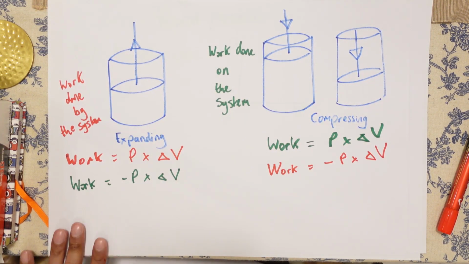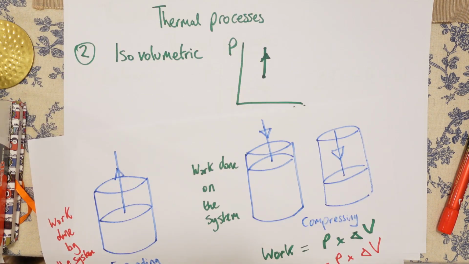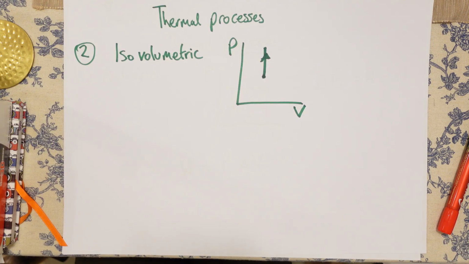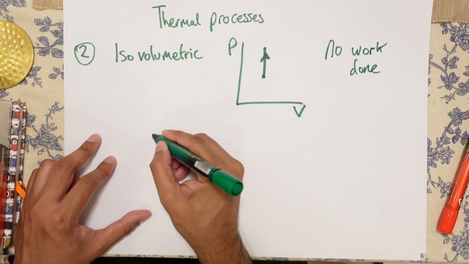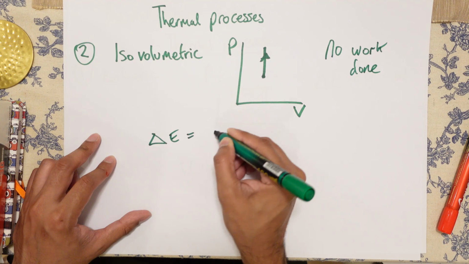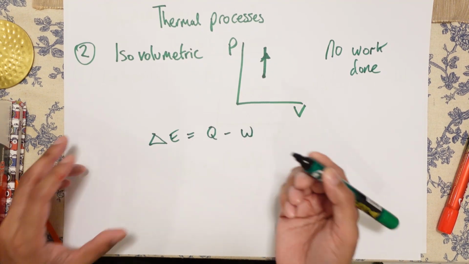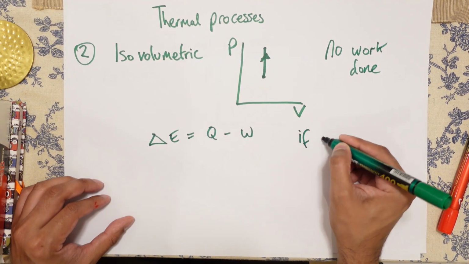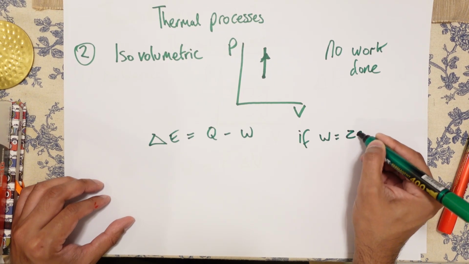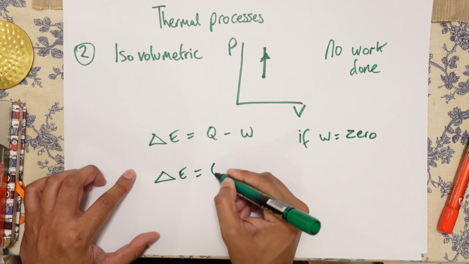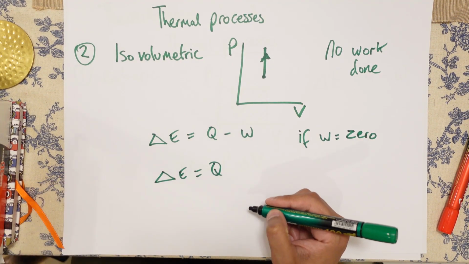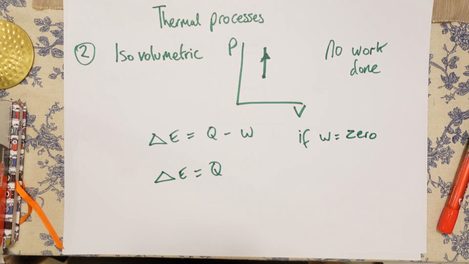Therefore, there's no work done at all. Which means, when you have your delta E is Q minus W, if W is 0, that means delta E is Q. And that would be isovolumetric.